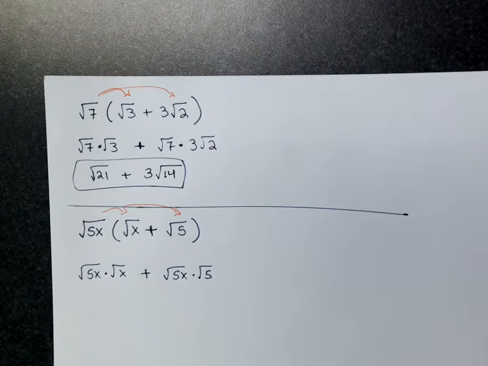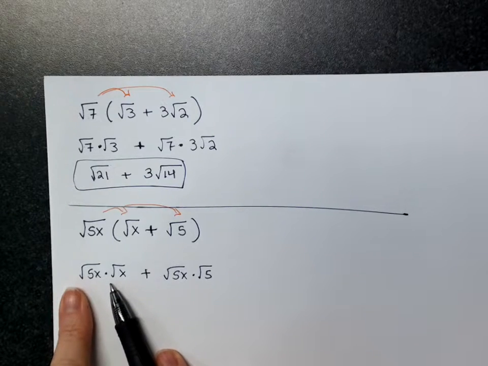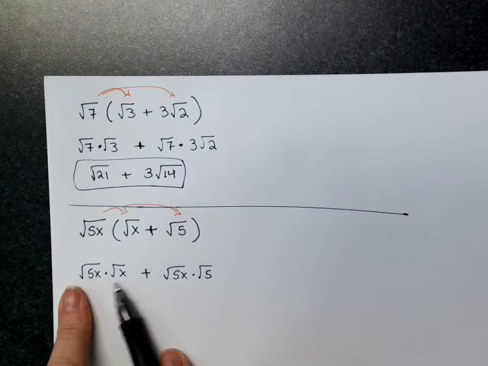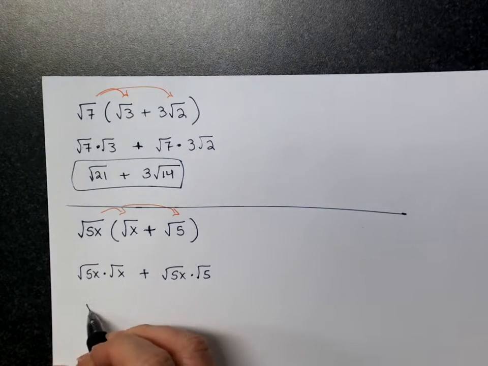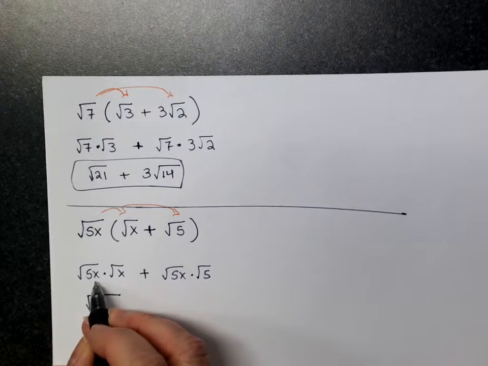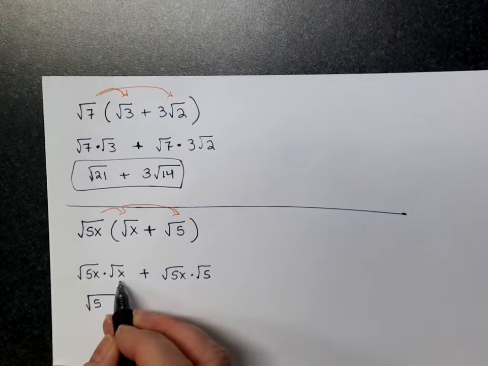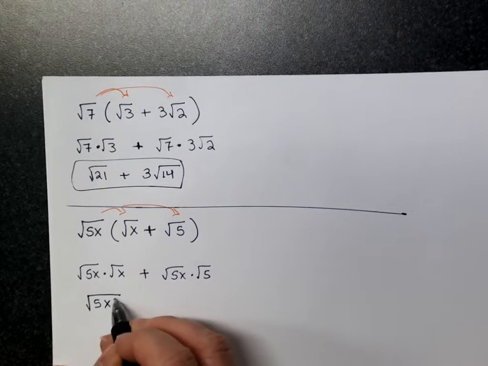Have you got any outside coefficients, looking just at this first package? No, just ones. So, how can we write this? Square root of 5x times square root of x, that's 5x squared, square under one house, 5x times x, which is 5x squared.